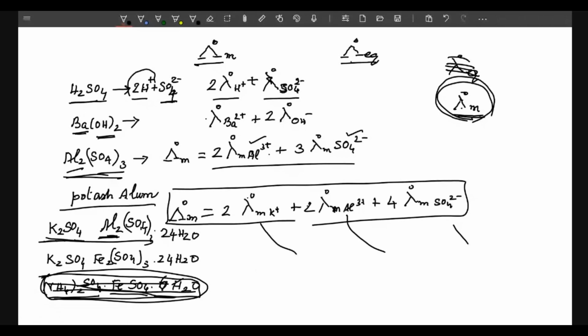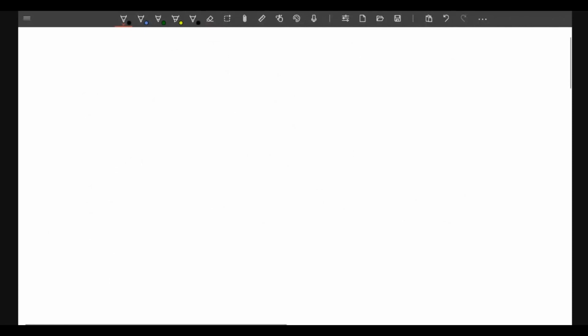And the next one is, if you are given the lambda M value but you are asked to find the equivalent conductance for the same substance, how would you find it? The equivalent conductance is, you know the formula, the molar conductance divided by the valence factor.